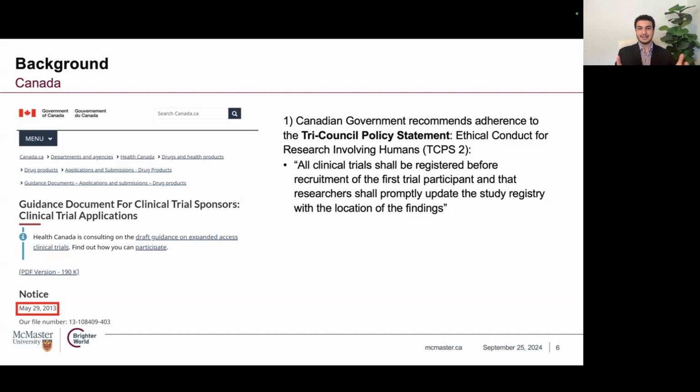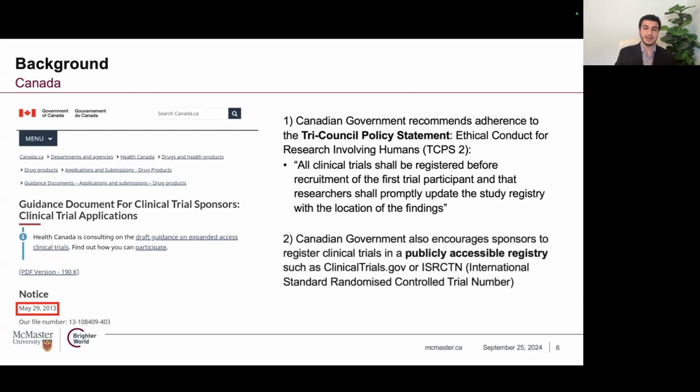Now, immediately as you're reading this statement, you realize, well, what does promptly update the study really mean? What is promptly? Is it 1 month? Is it 1 year? Is it 10 years? As you can see, it's a bit ambiguous. And furthermore, it doesn't specify what the consequences would be if someone does not adhere to these recommendations.